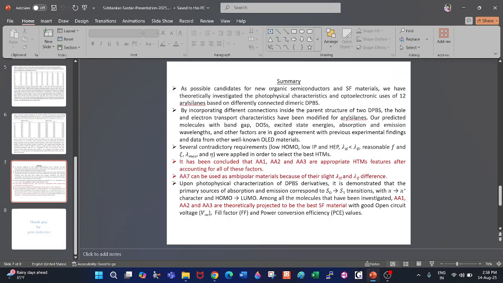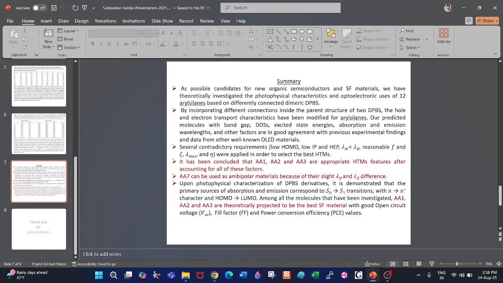And we came to the summary section. As possible candidates for new organic semiconductors and singlet fission material, we have theoretically investigated the photophysical characteristics and the optoelectronic uses of the 12 aryl silanes based on the differently connected dimeric DPBS molecules. By incorporating different connections inside the parent structure of two DPBS, the hole and the electron transport characteristics have been modified for the aryl silanes.